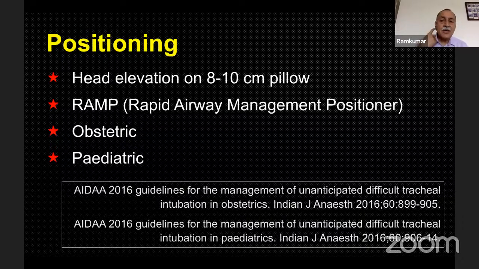So positioning of the head is very important for every airway management. And it differs slightly, or maybe in a major way, while dealing with an obese patient, an obstetric patient, and a pediatric patient. And given for you at the bottom of the slide are 2 of the guidelines that we brought out that specifically look at airway management in obstetrics and in pediatrics.